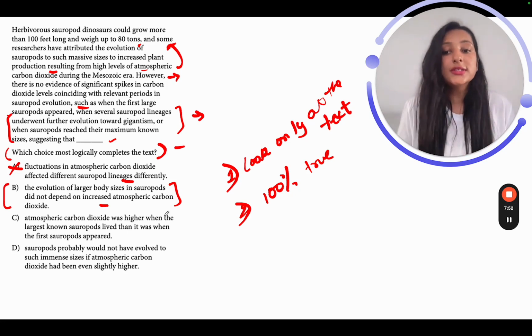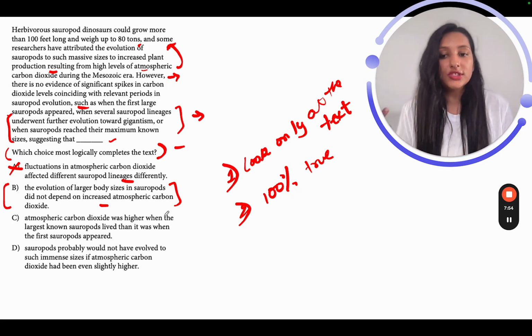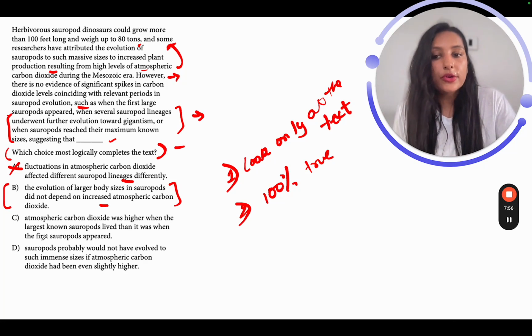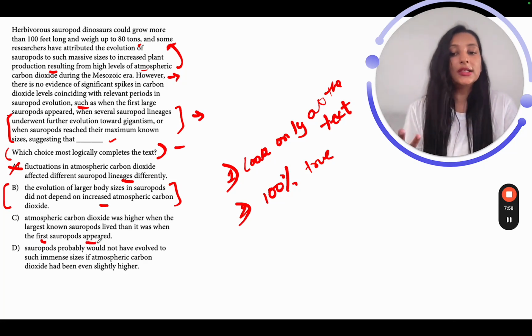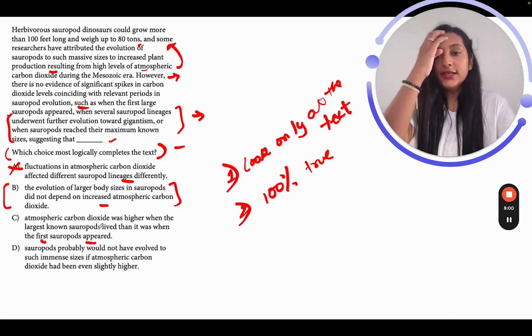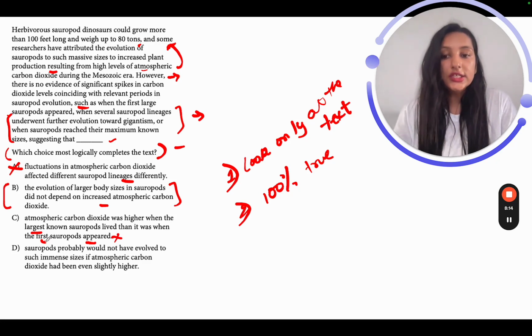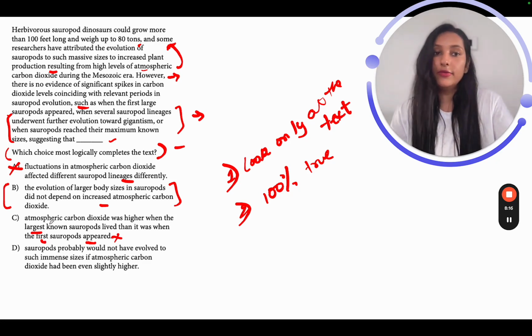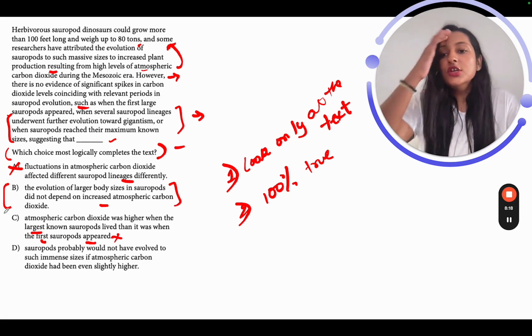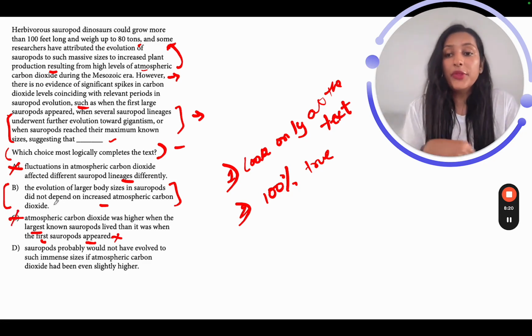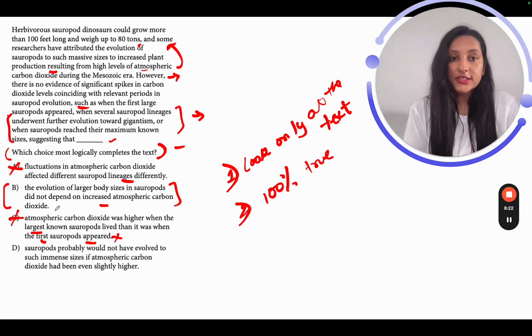Also, I'm not concerned about what the carbon dioxide level was like when they first appeared. I am basically discussing their evolution and the time when they became so massive. So when they first appeared is not my problem. I'm only concerned about when they became large, when they became massive. During that particular period, what was the condition of the atmospheric carbon dioxide level, right? That's my only concern. So C is out because it's making an irrelevant comparison over here.